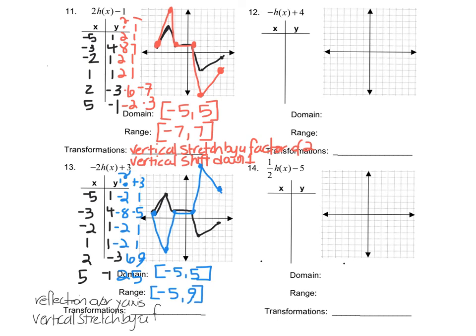If I were to say by a factor of -2, it would be redundant because this reflection is what happens with the negative. So the negative reflects it, it stretches by a factor of 2. The last one I know from this end is it is a vertical shift up 3. So I lastly have a vertical shift up 3.